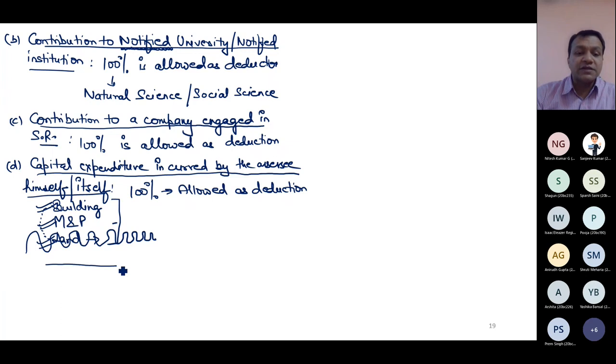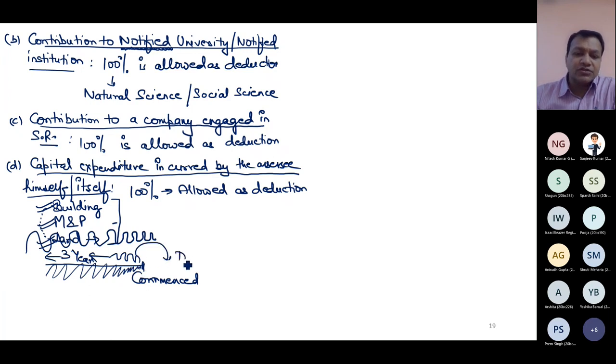And just like revenue expenditure, here also, if today you commence the business, all the capital expenditure which has been incurred in the past 3 years, since during that time you were not preparing a P&L account, you can claim as deduction in the year in which business is commenced.